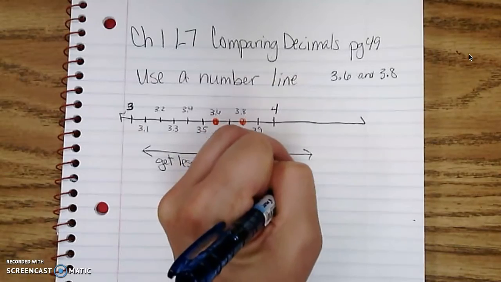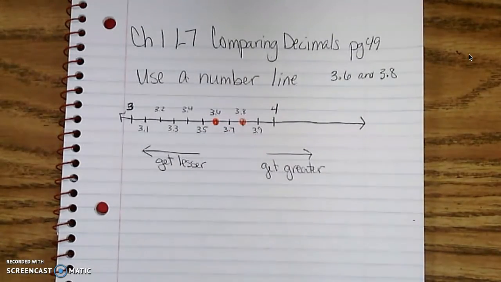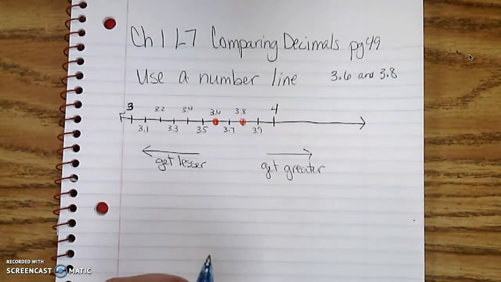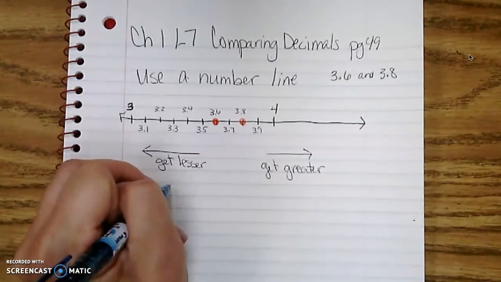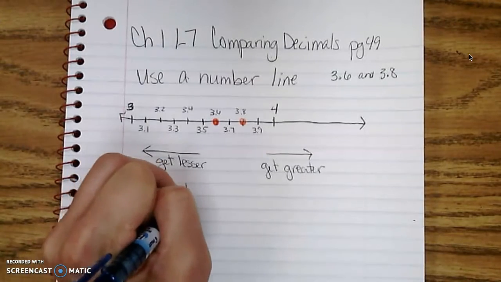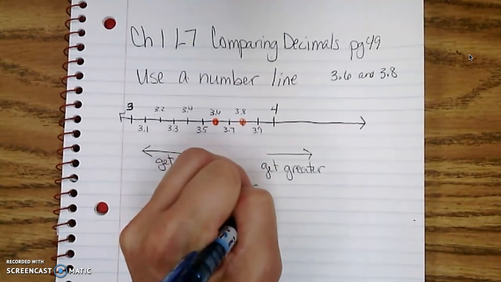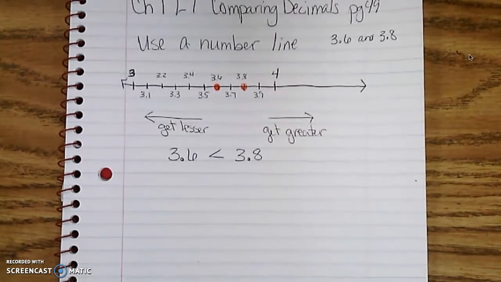That means the number on the right is the greater number. If I write them in order, 3.6 is less than 3.8. So that's how I would use the number line to compare them.